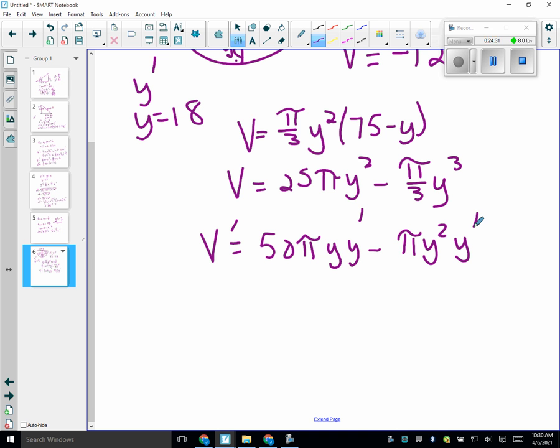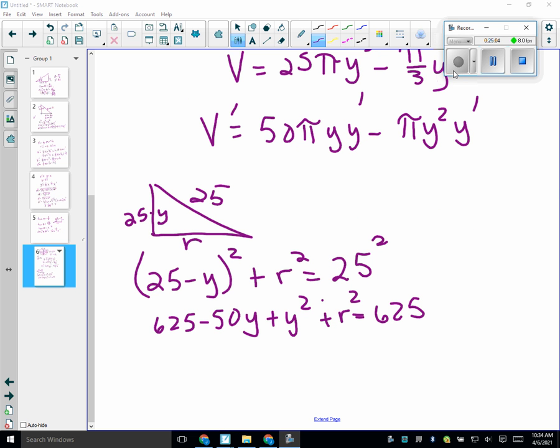Pi over 3 times 3 is pi. Do you agree? Do I know Y and V prime? Will that allow me to find Y prime? I almost did this, but I wrote down that negative 12 was Y prime and not V prime. And that's what did it. Yeah. So you all should be able to find Y prime.